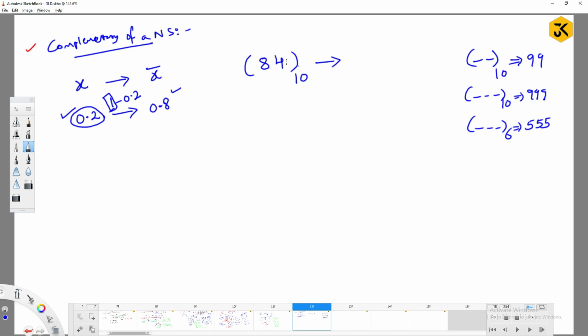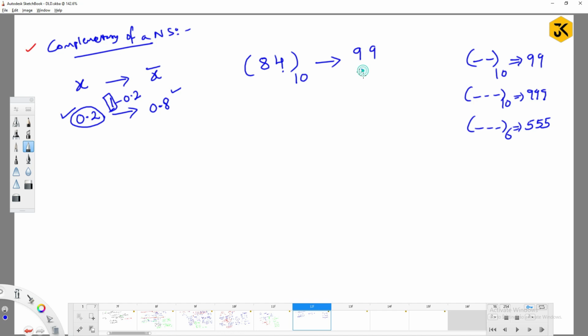So what they are trying to do in probability and statistics is subtract from the maximum value in order to get the other value, right? Similarly, if I want to get the complement of a particular number, you have to subtract it from the maximum possible value. What is the maximum possible value? 99.